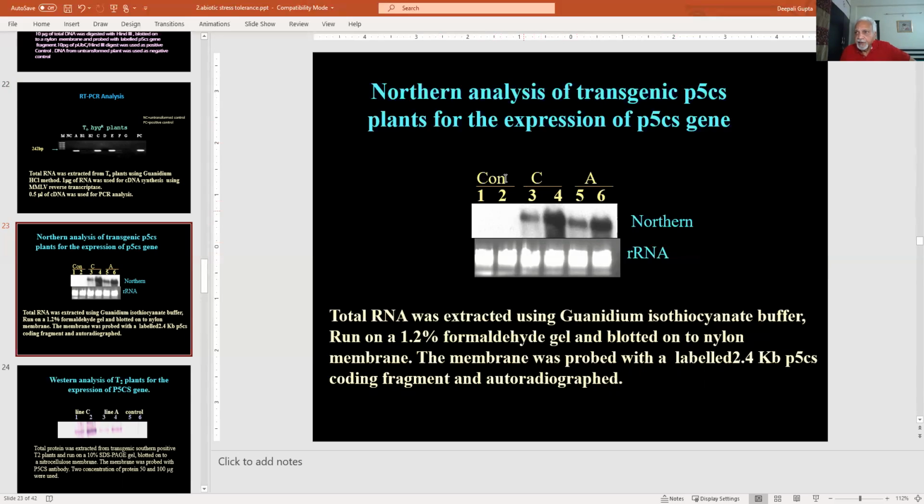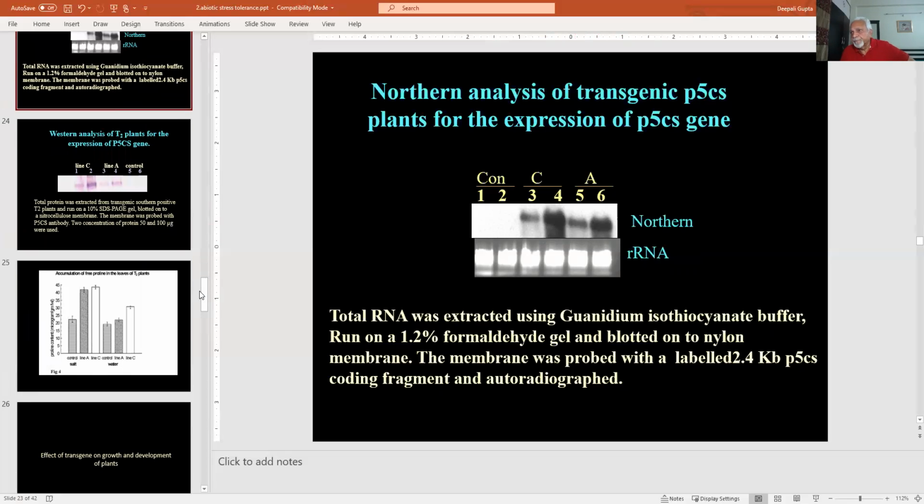And you can see here in controls, there is no signal at all, and in the transgenic lines 3 and 4, 5 and 6, they are hybridizing and showing the presence of transcript. So it means the transgene has been integrated and it is expressing, it is making RNA.